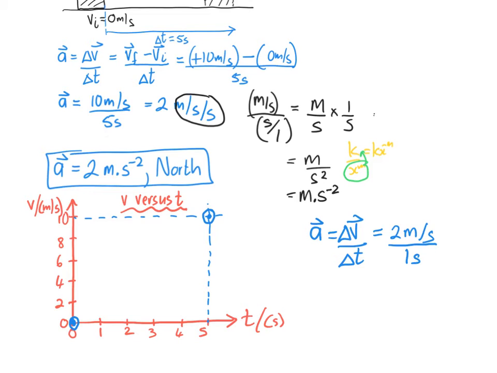So at 1 second, this object was traveling at 2 meters per second. And then in the next second, from 1 second to 2 seconds, in the next time interval of 1 second, the velocity changed from 2 to 2 plus 2, which is 4 meters per second.